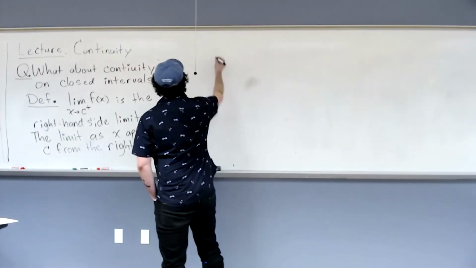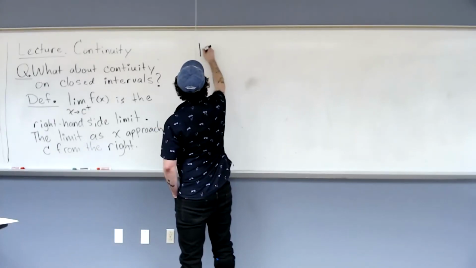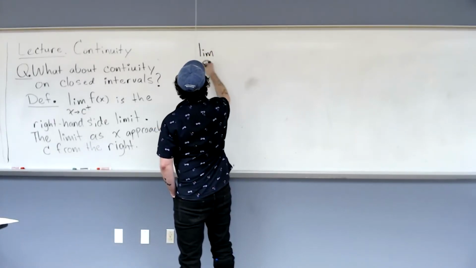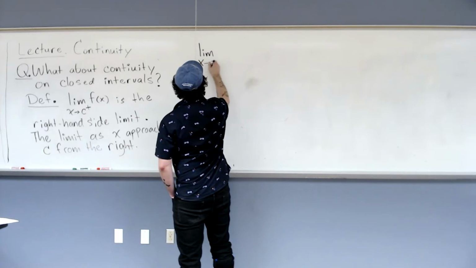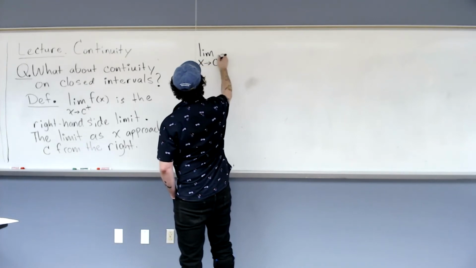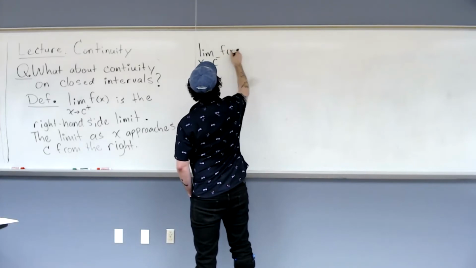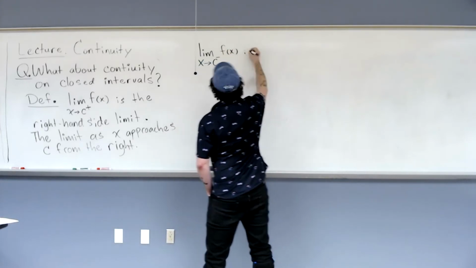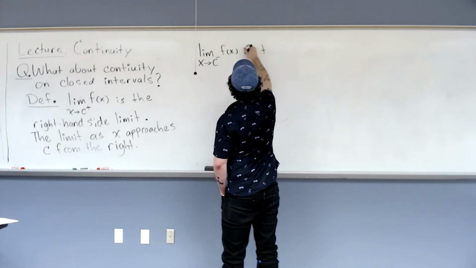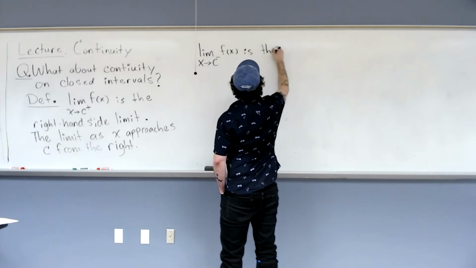Okay? And then next, the limit as x approaches c with a superscript minus sign of f of x is the left-hand side limit.